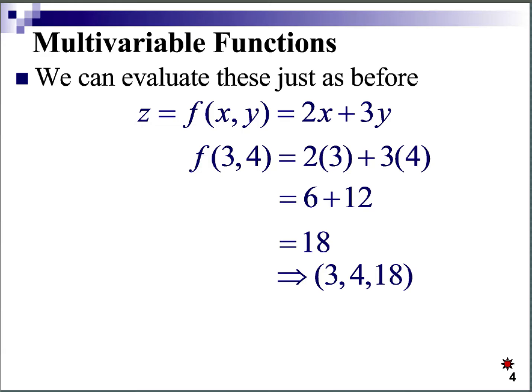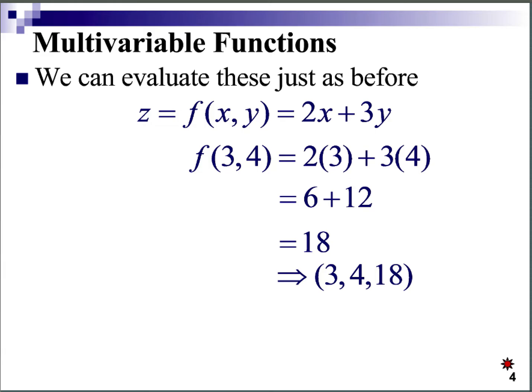And this produces what we call an ordered pair, or a triplet, where x, y, and z go together. So the order is always consistent. X and y come first, and then the dependent variable z comes last. So we get this point 3, 4, 18. Now, this is a point in a three-dimensional space.